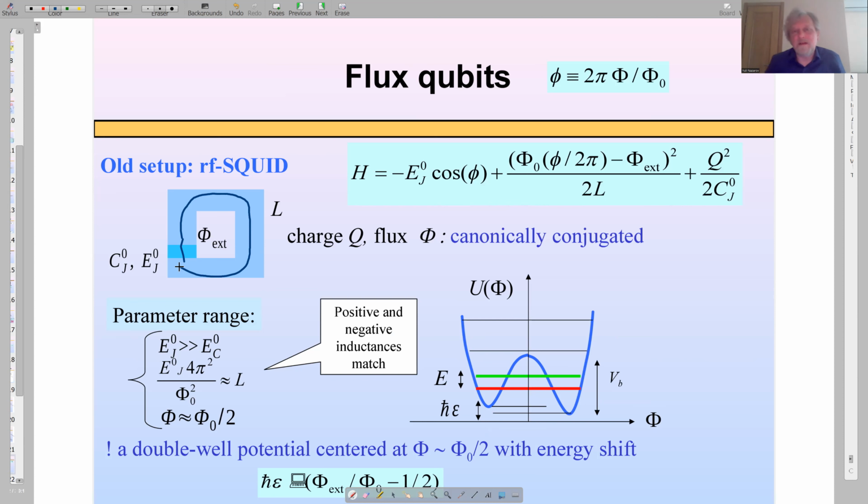If you look at the energy of this junction as a function of phase, what do we have? We have a cosine term, and we have a parabolic term. The coefficients in these terms depend on those energies and inductances.